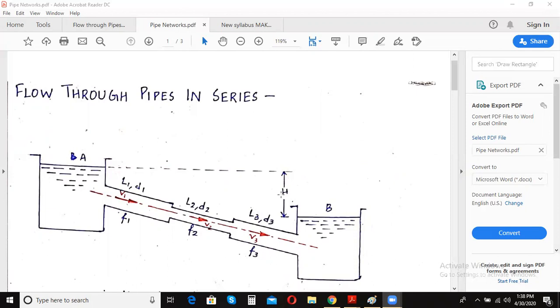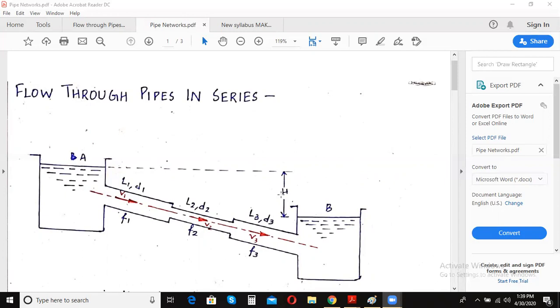So when you are calculating head loss, what are the parameters that need to be considered? The head loss, or energy loss, mainly occurs because of the frictional forces between the fluid and the pipe, and also due to certain other minor losses.